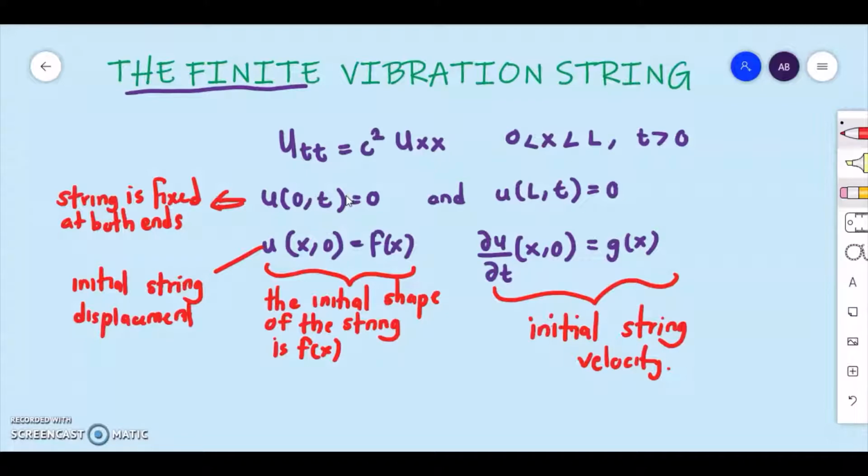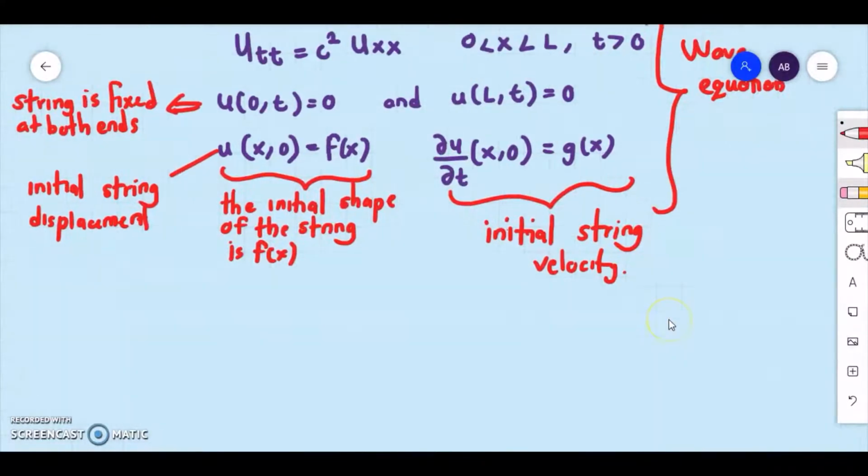This is a type of wave equation, from the hyperbolic partial differential equations. Today we're going to look at how to solve this equation.